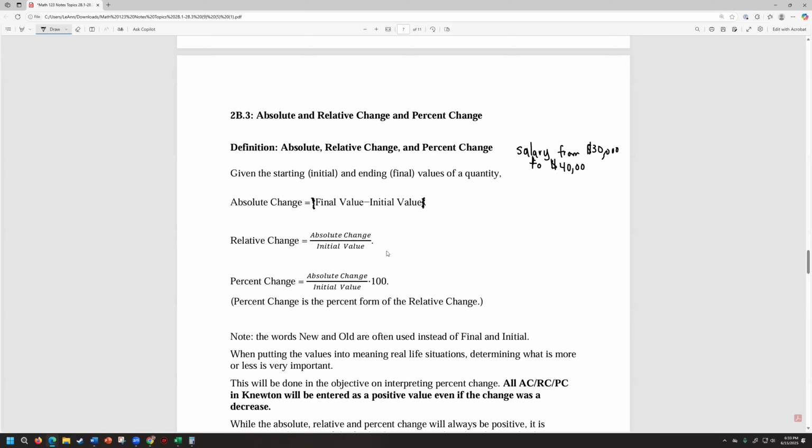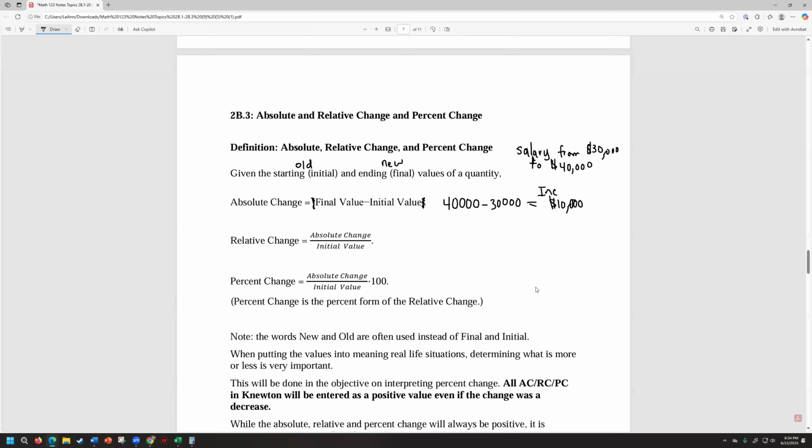We already said that the absolute change of that would just be the new value minus the old value. And on this one, you can put units. This would be an increase of $10,000 because it went up, not down. From, to, like a lot of other times we use from, is the old value and the ending value is the new or final value. Okay. So from my old salary to my new salary, I increased $10,000.